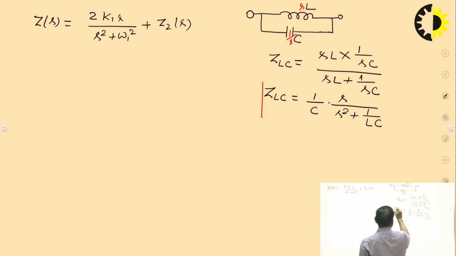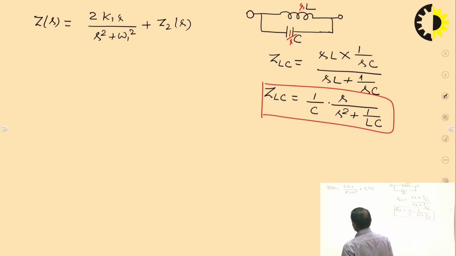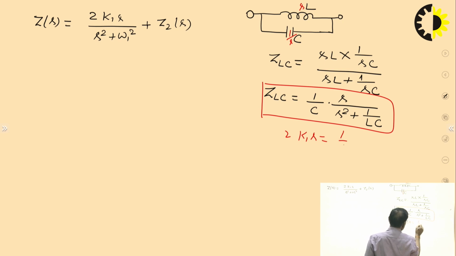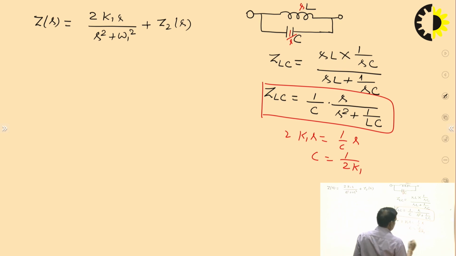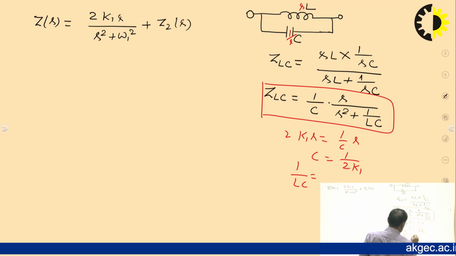So this is the impedance of an LC tank, and we carry out the comparison. So 2 K1 s is equal to 1 by C s, so C is equal to 1 by 2 K1. This way we can get the value of this capacitor, and 1 by LC is omega 1 square, so L is equal to 1 by C omega 1 square.